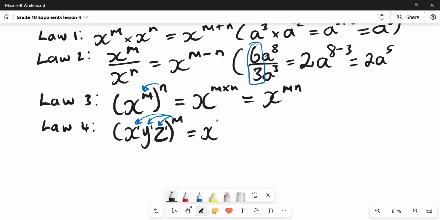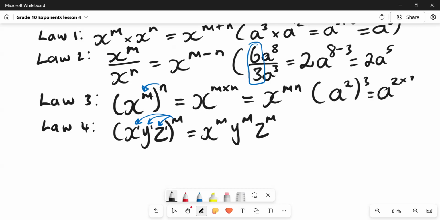Then 1 times m is just m, as well as m there, right? The example for this one, they will give you a to the power 2 and then raised to the power of 3. This will be a to the power 2 times 3, which equals a to the power 6, right?